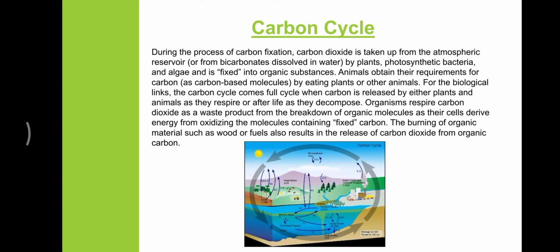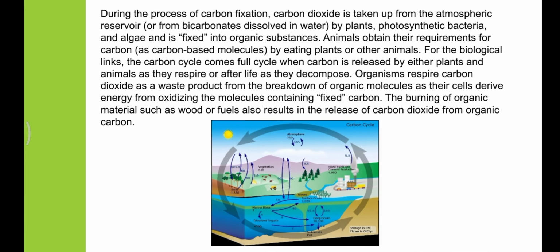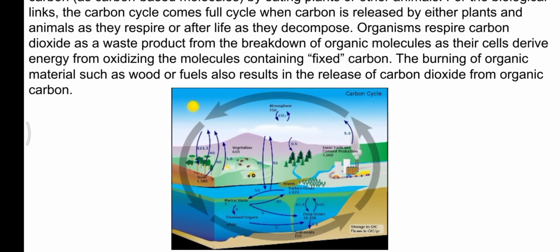The burning of organic materials such as wood or fuels also results in the release of carbon dioxide from organic carbon. Carbon dioxide is a trace gas and has huge effects on Earth's heat balance by absorbing infrared radiation.